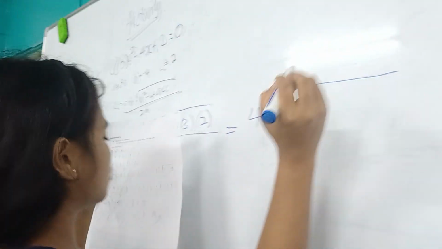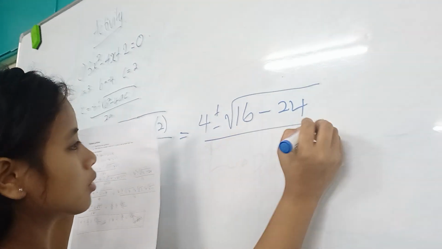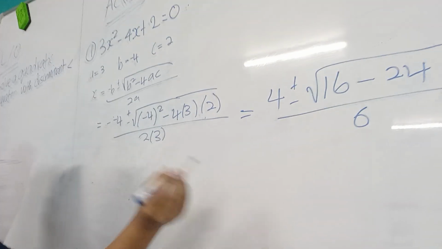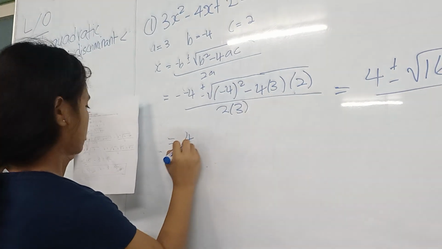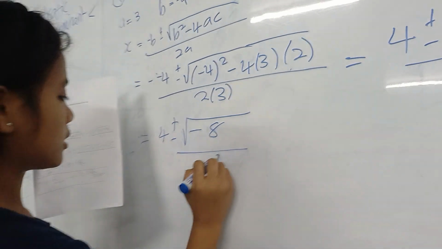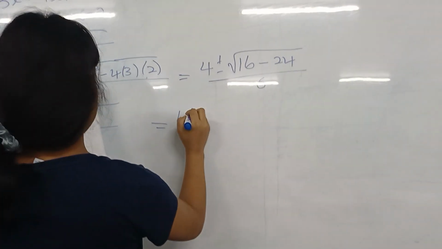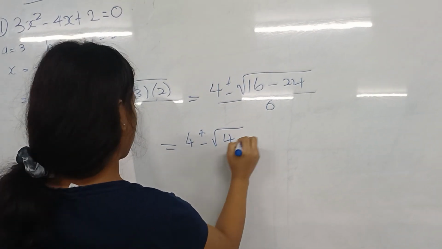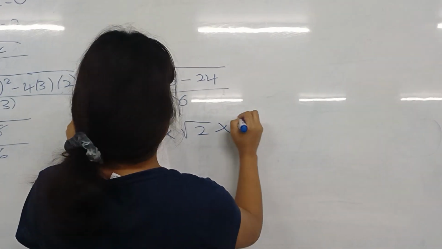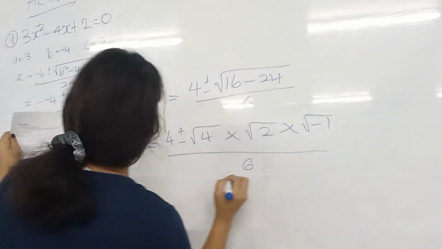Oh no, we separate that. After that, 8 plus 6, 4 plus or minus 4 root 2 times root 2 over 6.